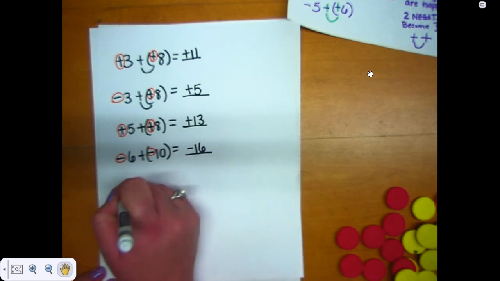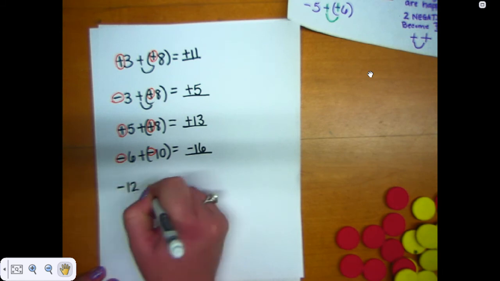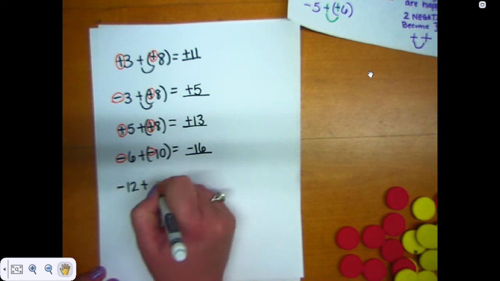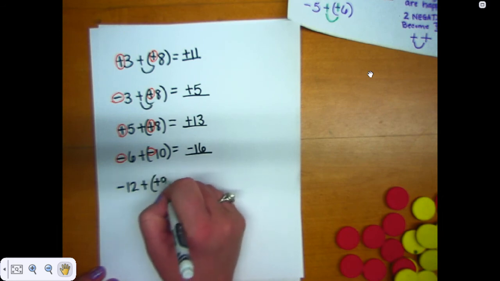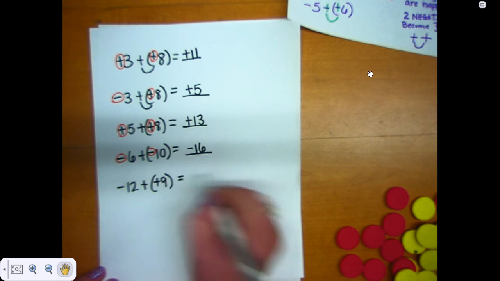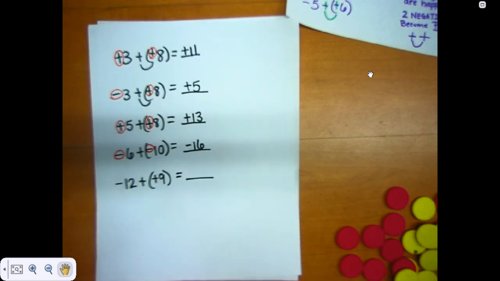Okay, so let's say negative 12 plus positive 9 equals. Do we need to change anything? No, I see no double negatives. What do we need to do?